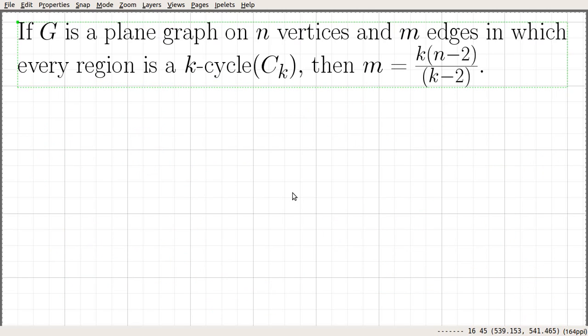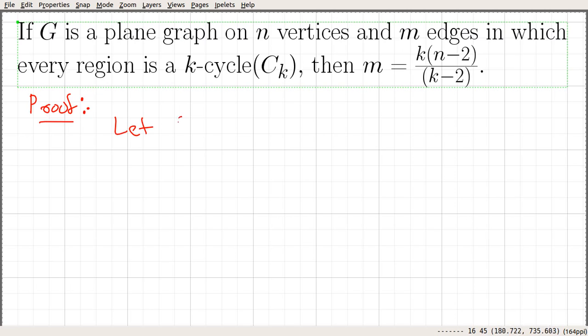If you have a plane graph in which every region is a k-cycle, then the number of edges is going to be k times (n minus 2) divided by (k minus 2). Let's prove this statement.